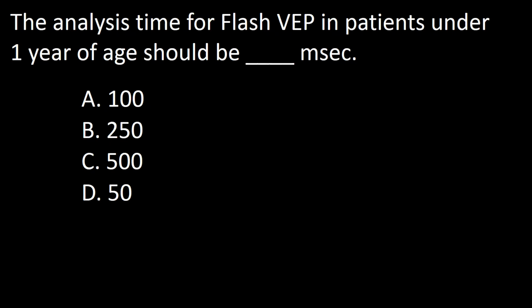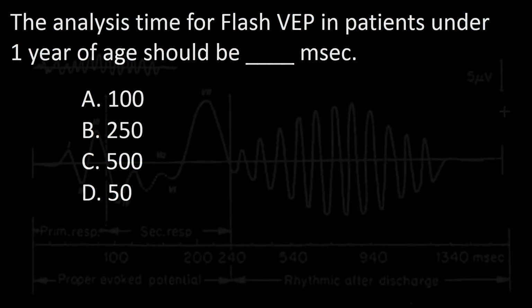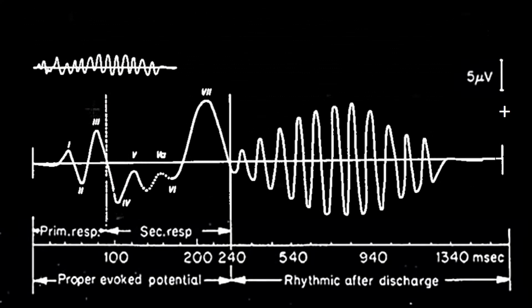Next question. The analysis time for flash VEP in patients under 1 year of age should be dash milliseconds. A 100, B 250, C 500, D 50. This tracing is an average VEP from 75 subjects using flash stimulation.